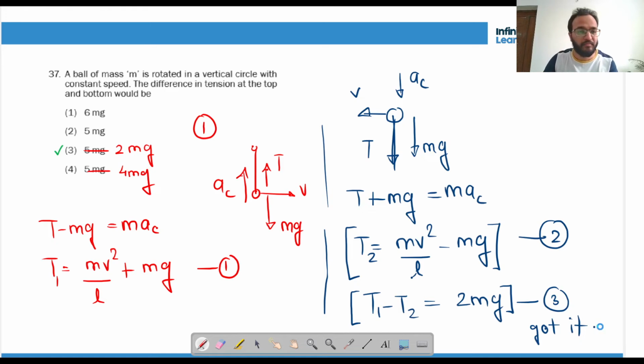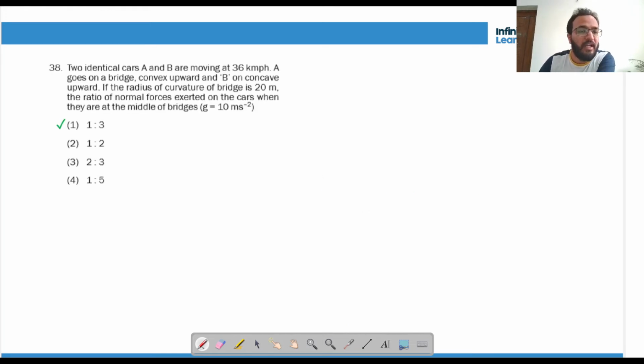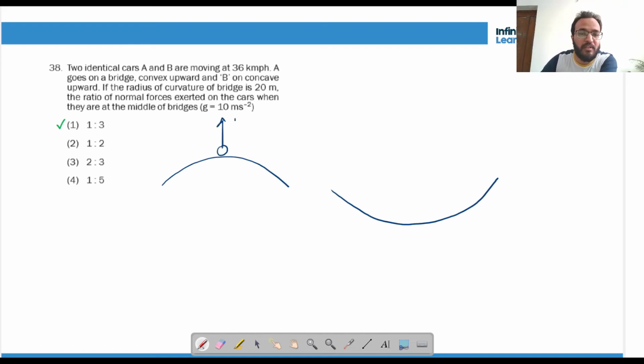Got it? Now, two identical cars A and B are moving at 36 km per hour, goes on a bridge. Okay, same concept. One goes up the bridge, another goes down the bridge, right? So for the one going up the bridge, you will say, sir, normal upward, mg downward, this is velocity, and centripetal acceleration is downward.